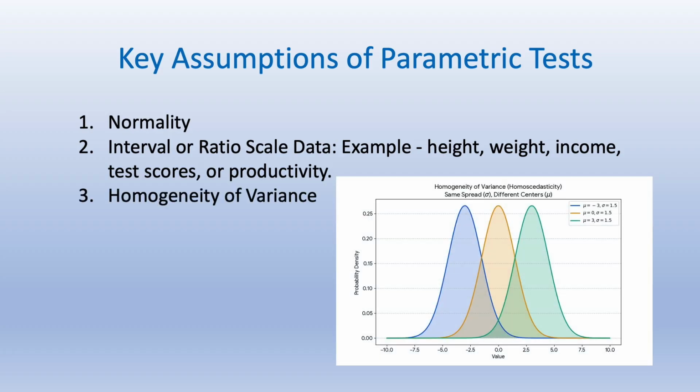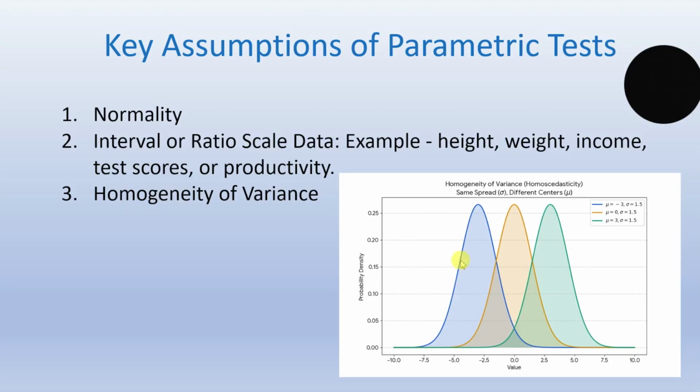Homogeneity of variance. When comparing groups, the population variances are assumed to be equal. If you see here, there are three normal distribution curves with different means, but the same standard deviation and hence the same variance. This is what is meant by homogeneity of variance or homoscedasticity.